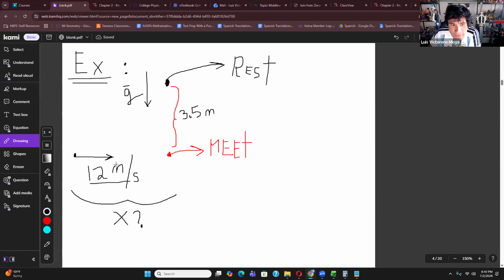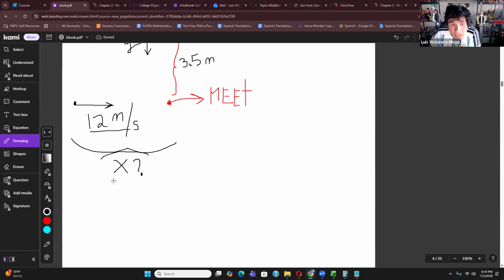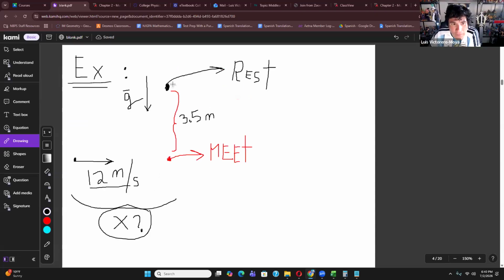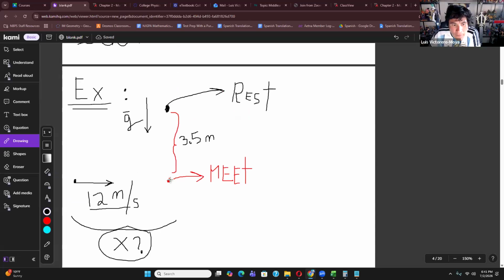At some point, they're going to meet. They won't meet unless there is a certain horizontal distance between the second object and the first object. So this object is going to move a certain distance, and this object is going to fall, and they're going to meet.